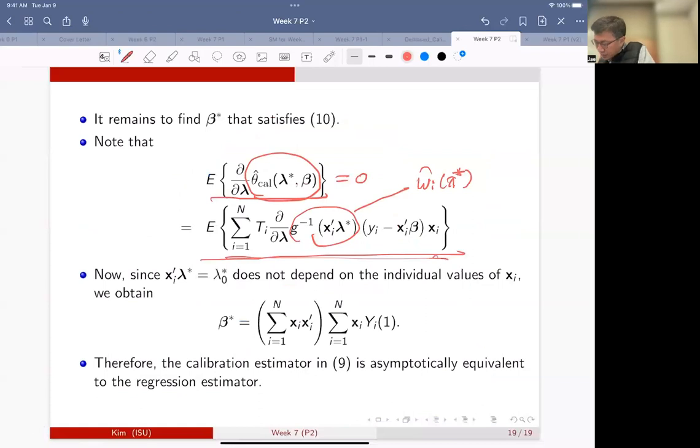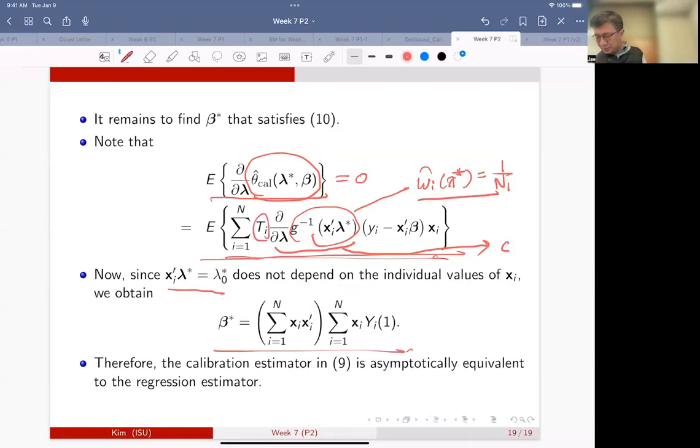But we already know this guy itself is 1 over n, N1, right? Because this one does not depend on individual values, let's say it doesn't depend on i, so it can be something. Let's call it constant C. So basically the C cancels, and beta star becomes the solution of this: the expectation of this guy.